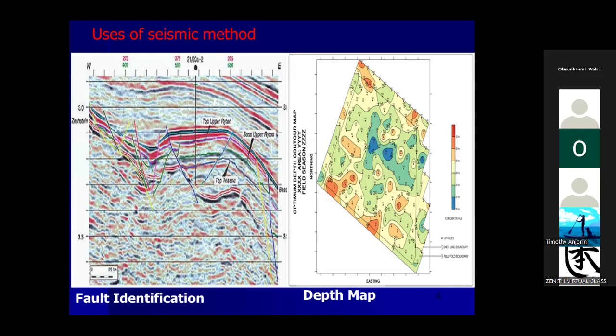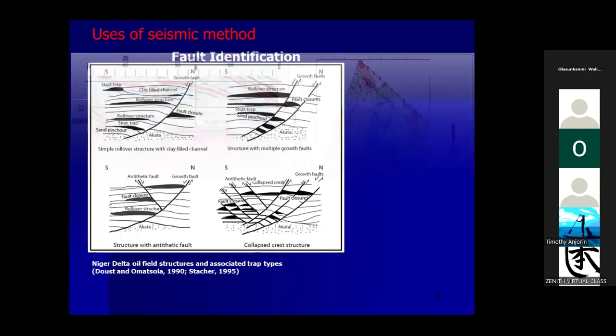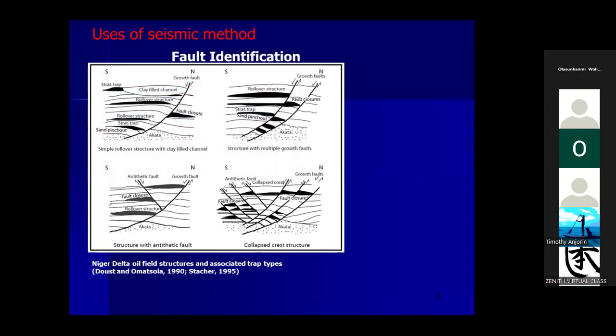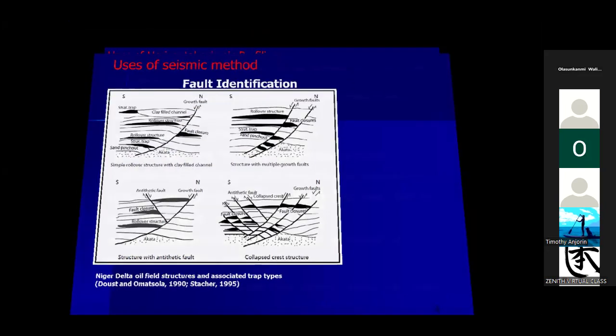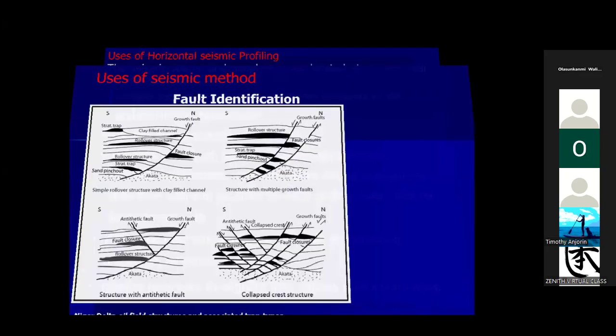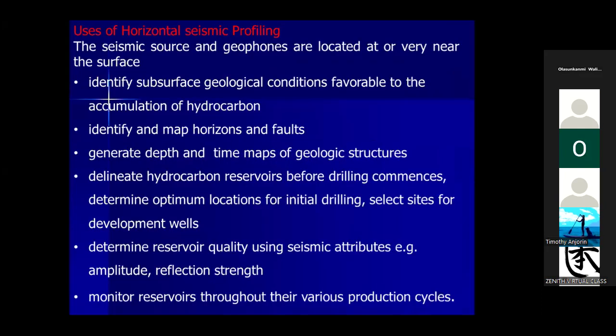So these are some of the structures, faults, that help in trapping hydrocarbon accumulations in the Niger Delta. The seismic can help us identify geologic conditions favorable to accumulation of hydrocarbon. It can enable us to map horizons and faults, and delineate reservoirs before drilling commences.